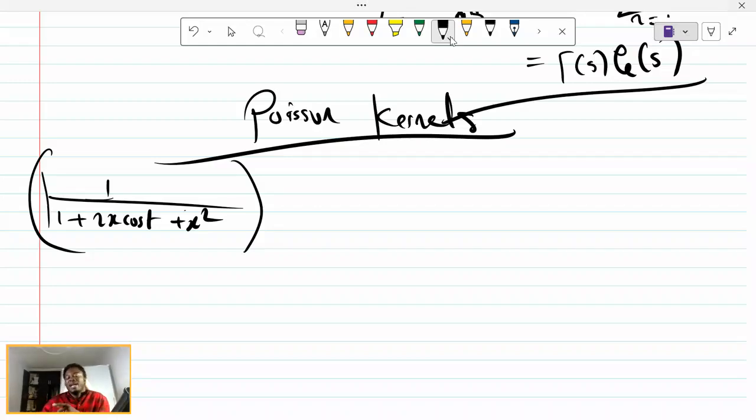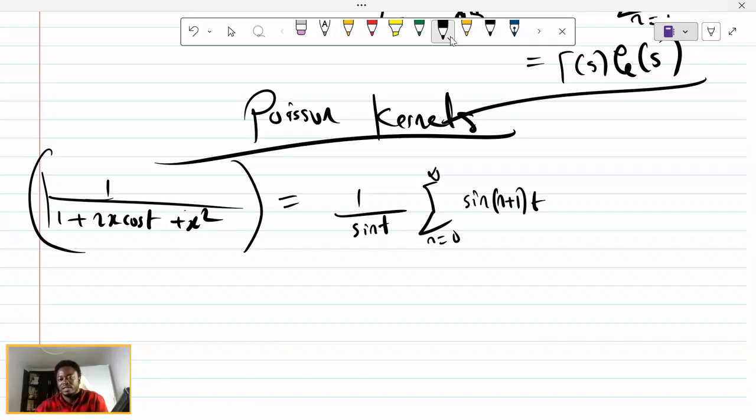It has a nice expansion: 1 over sine t times the sum as n runs from 0 to infinity of sine of (n plus 1)t times negative x to the n. I read this from Loney's Plane Trigonometry.